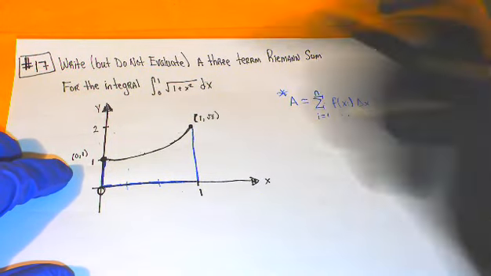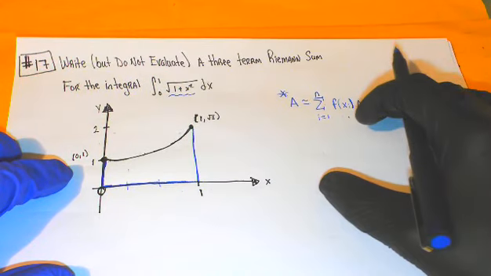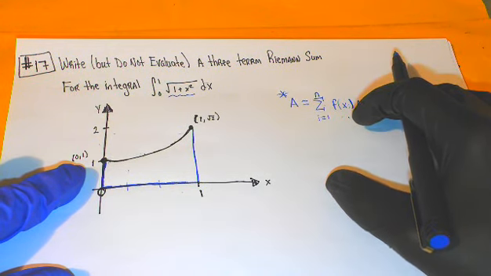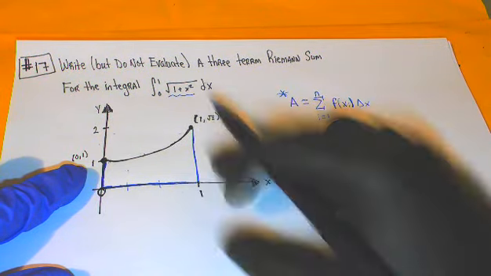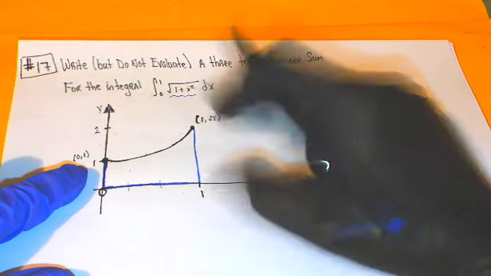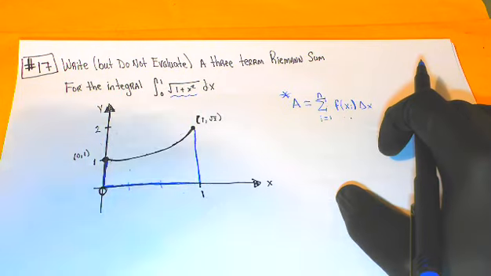If I plugged in 0, then the square root of 1 plus 0 is 1, so I have the ordered pair 0, 1. If I plugged in 1, I would have 1 plus 1 squared, which is 2, so it's the square root of 2. So I have the ordered pair 1, square root of 2.